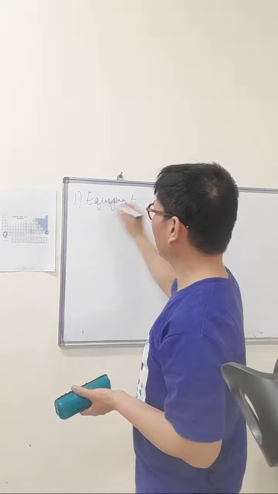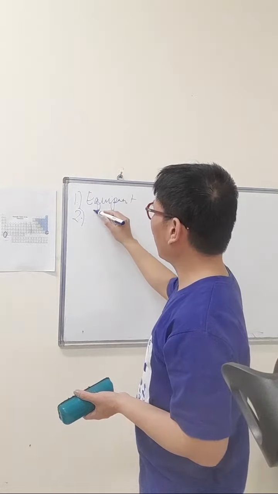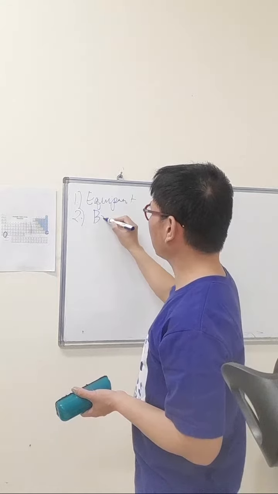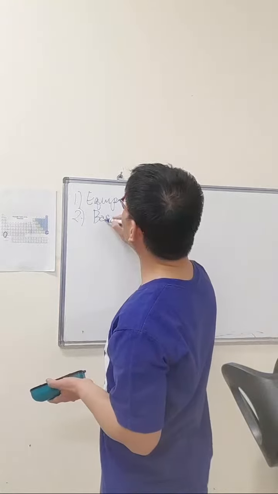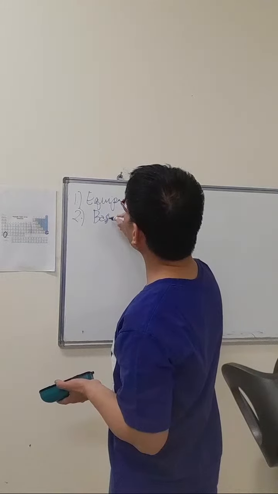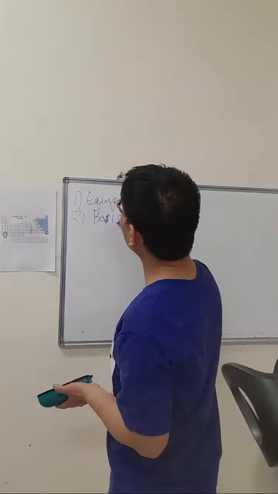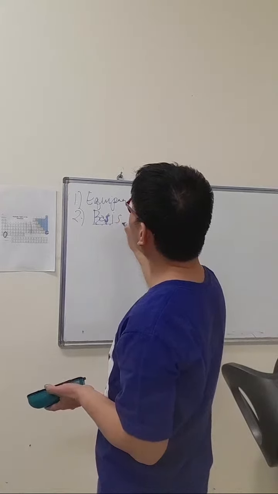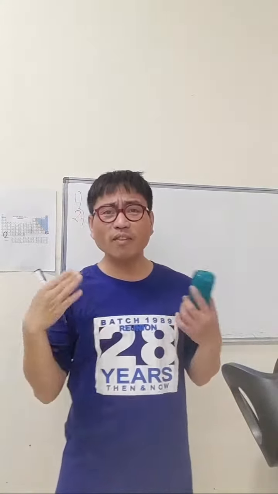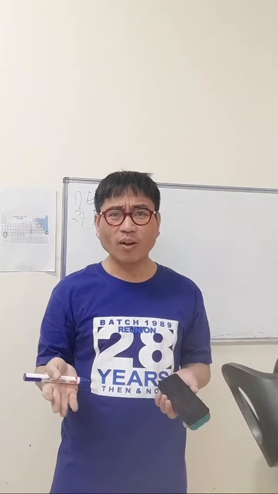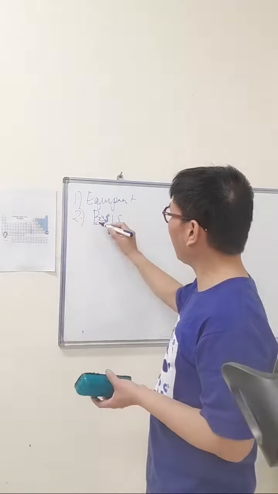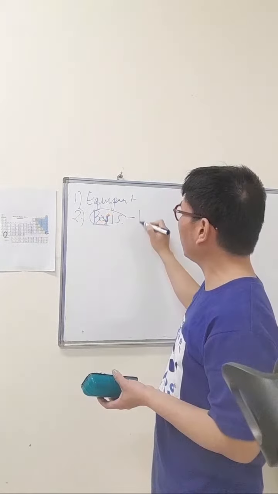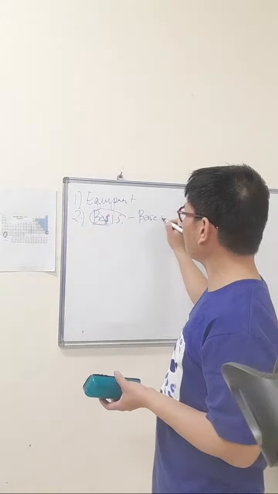Number 2, basis. Base, bases, basis. B-A-S-I-S. When you talk about this, this is my basis. Basis is singular. B-A-S-I-S is singular. The plural is B-A-S-E-S, just like acids and bases.